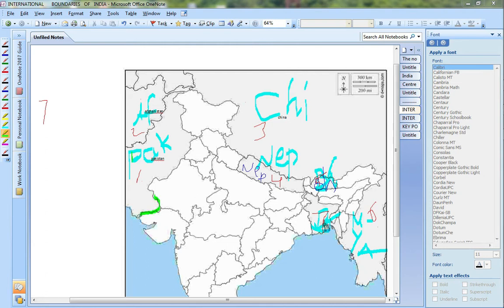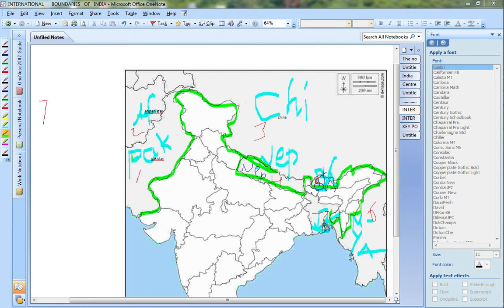This is the international boundary line of India, sharing land boundaries with 7 countries, right? Our northeastern part of India is covered with the great mountain range Himalayas and Purvanchal hill ranges, Karakoram hill ranges, right?